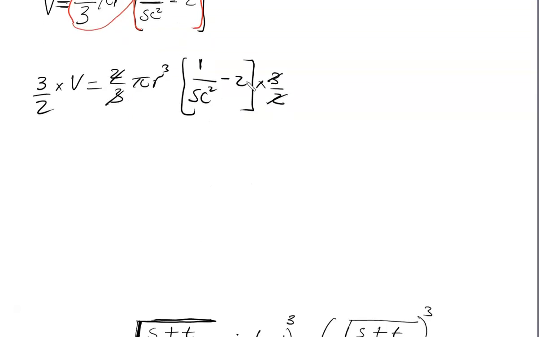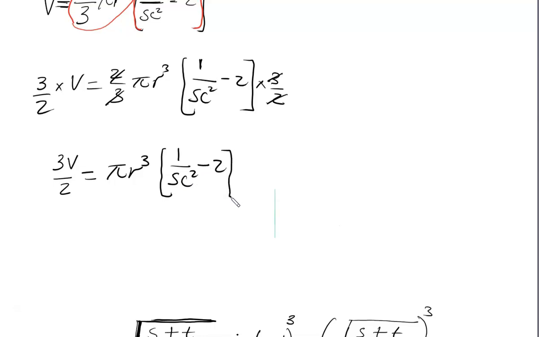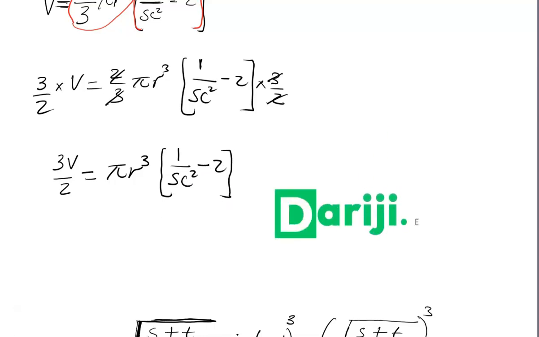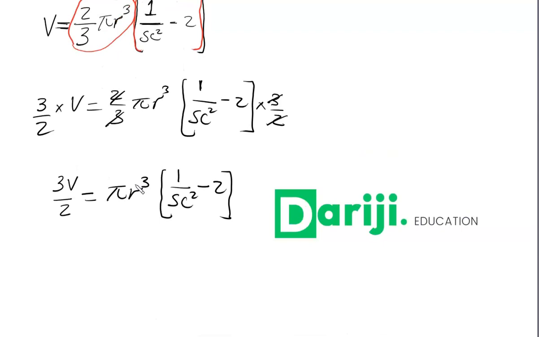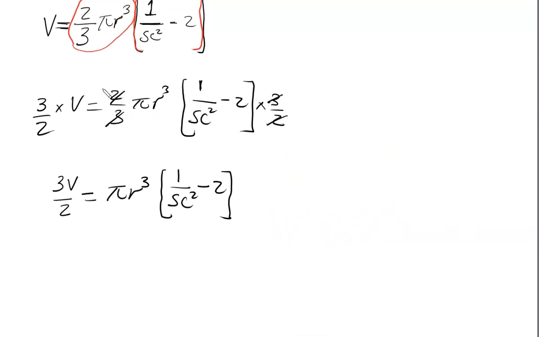So the next step is that we have an equation in the form of 3v divided by 2 equal to pi r cubed multiplying 1 over sc squared minus 2. Now the fraction from the right hand side is gone.